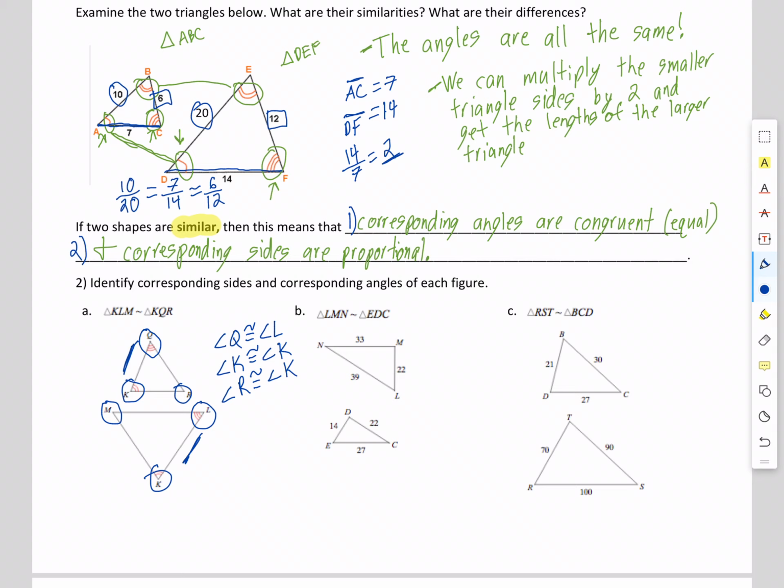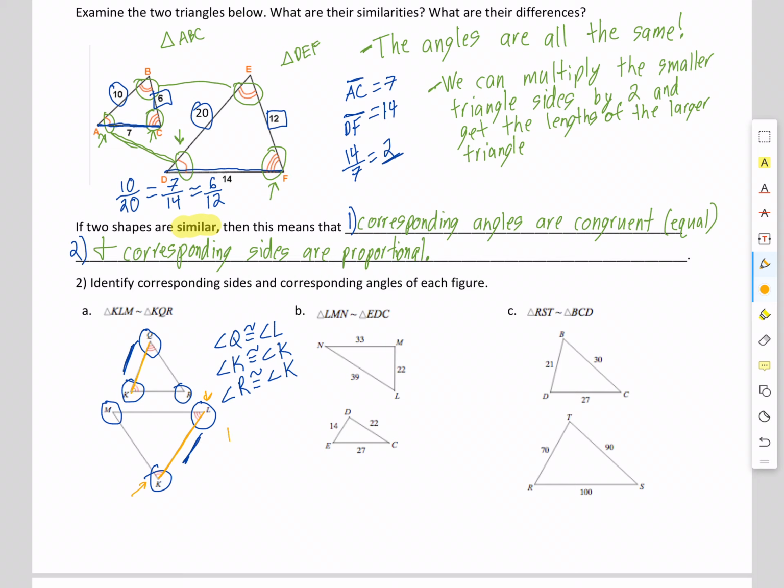Alright, so then if we wanted to also do the sides, let me change another color here. If we looked at these two, we looked at KL, so KL is between the two line angle and the 3 line, so that would be the same as this line right here.